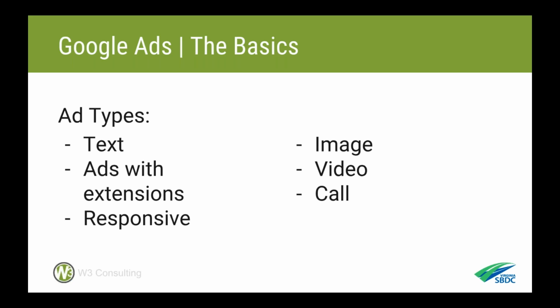So you have text ads with extensions, and you have other types of display ads with extensions. Responsive ads are only on the display network, and those actually are ones that change size. They respond to the size of the device display so that they can display better.